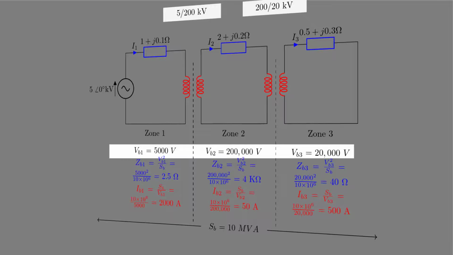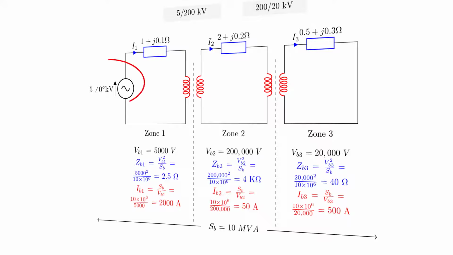In this case, we have a 5 kV source, so we might as well choose 5 kV in zone 1, because that will give us 1 per unit in that zone. The other two V bases follow from that initial choice.